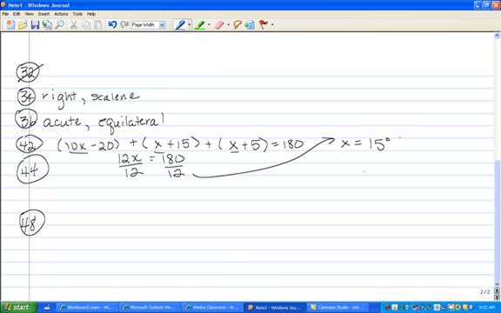Okay, so we need to go back to our triangle. What about angle A? That's 10 times 15 minus 20, so that's 150 minus 20, which is 130 degrees. Angle B is 15 plus 15, so that's 30 degrees. Angle C is 15 plus 5, so that's 20 degrees.